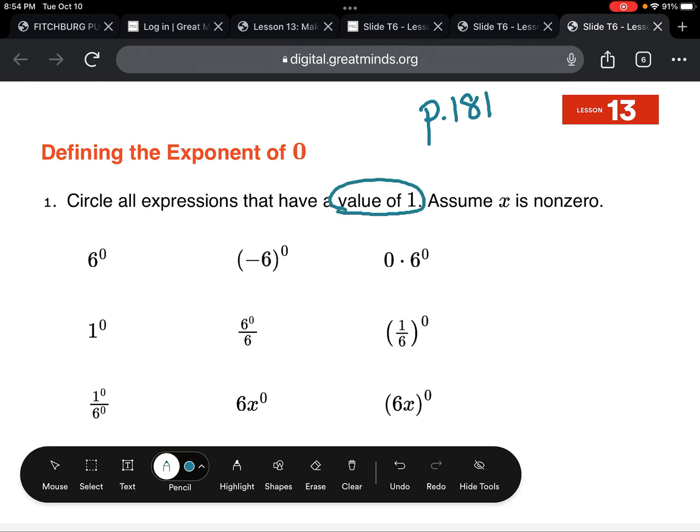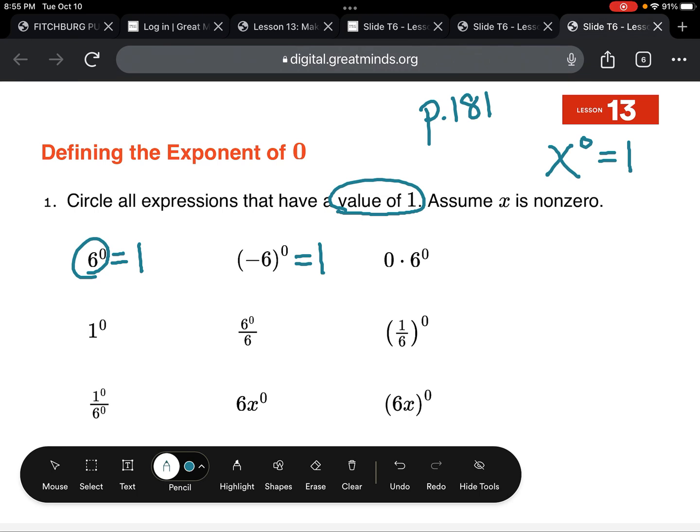So if any number raised to the power of 0 equals 1, then that means 6 raised to the power of 0 would equal 1, and you should circle this. So any single one of these that is raised to the 0 power equals 1, which means that would include this negative 6 raised to the power of 0 that also equals 1.